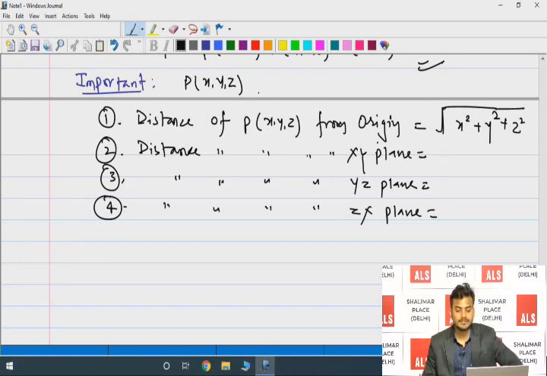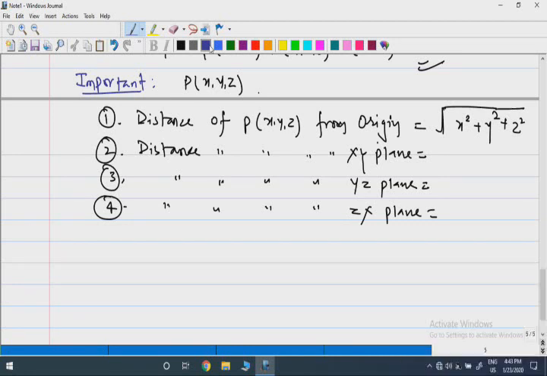From the xy plane, what is the answer? So what is the distance from the xy plane? Any answer? Any guesses? Random guesses? Wild guesses? Without any logic? Tell me, what is the distance of any point P x, y, z from the xy plane?